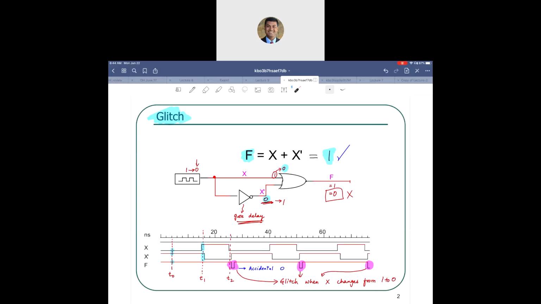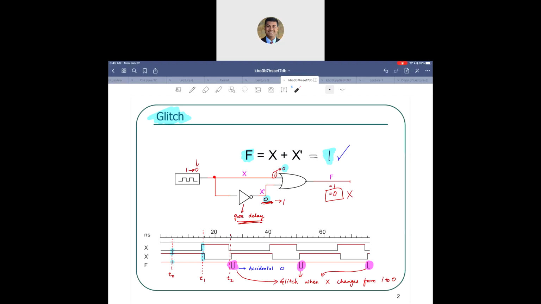If the user says, I will have it at 1 and I will never change it to 0, glitch will never happen. If the user says, I will have it at 0 and I will only change it to 1, glitch will never happen, right? So there is a possibility of the glitch in general, but it will only happen if the user decides to change the input from 1 to 0. That is the reason why I'm saying there is a possibility.